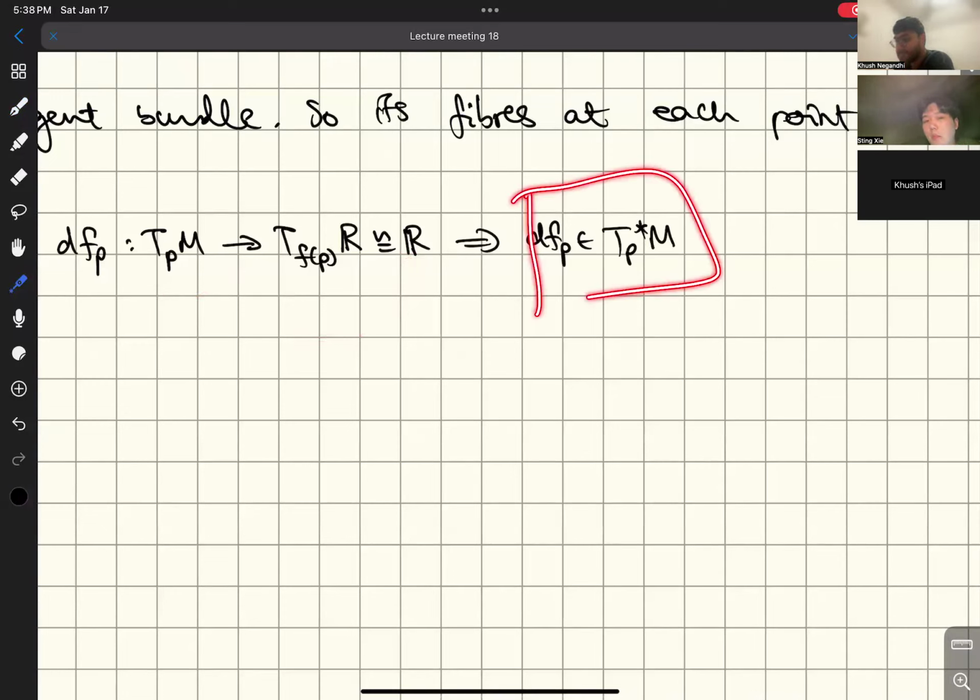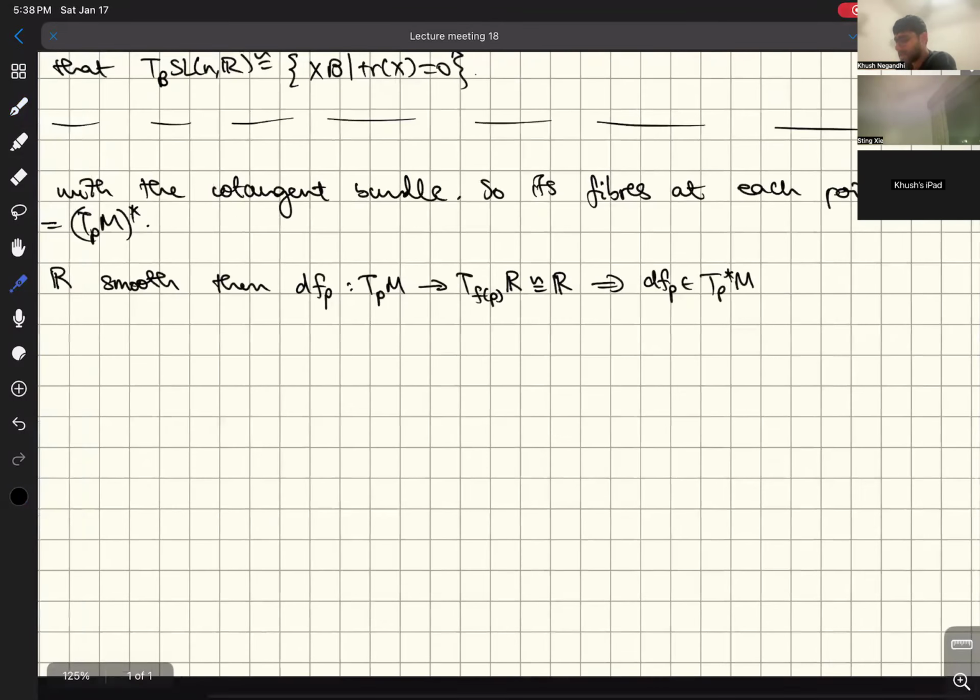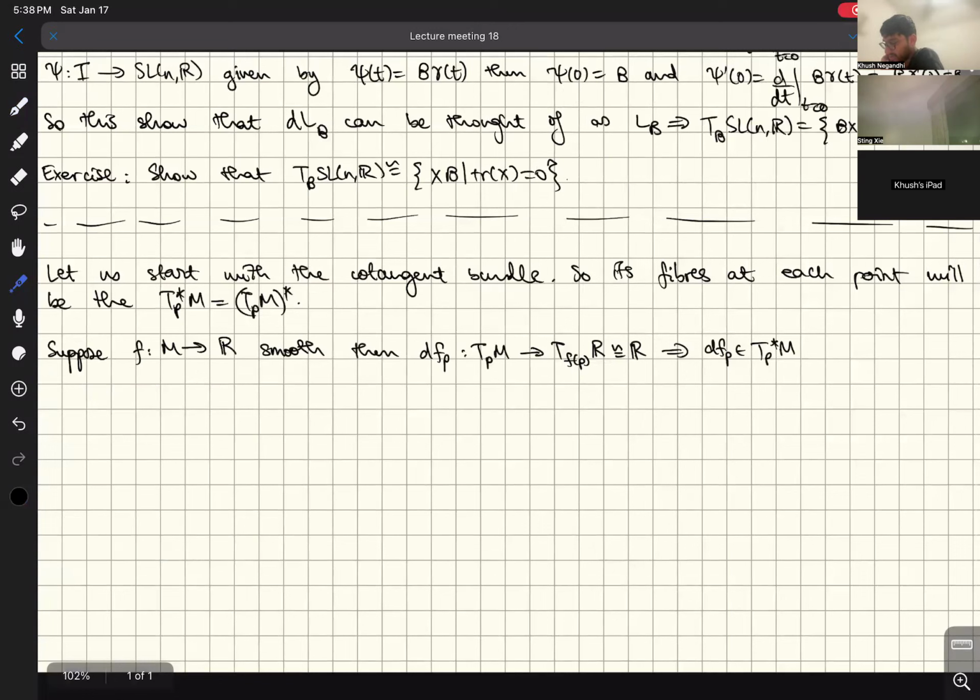So it's actually a map in the dual space. And this is why we mainly care about the cotangent bundle: a lot of constructions use the notion of a cotangent bundle. Once we have the cotangent bundle, we'll see how it allows us to generalize many things, such as integration, which we will also talk about very soon.